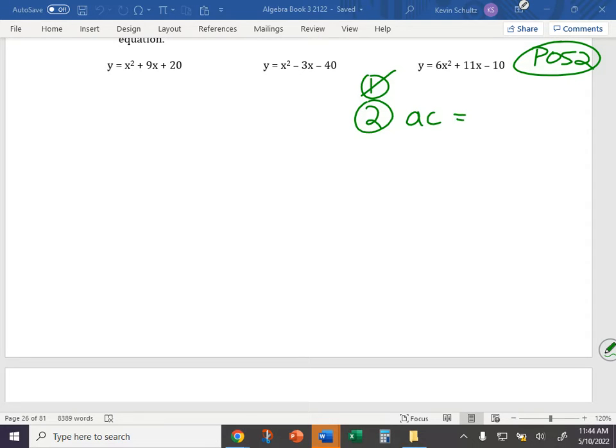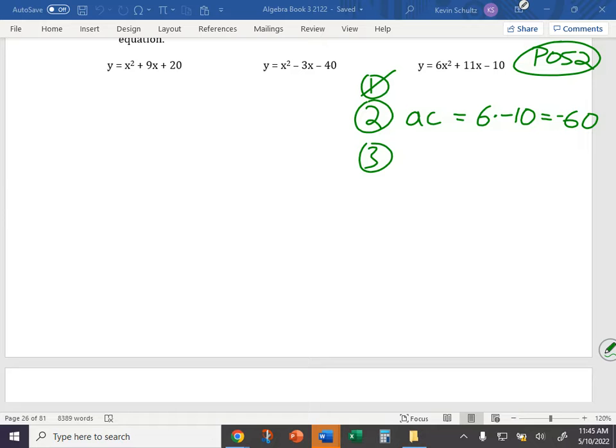In this case, that's 6 times negative 10, which is negative 60.